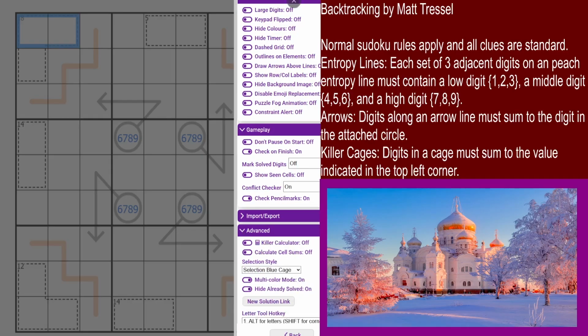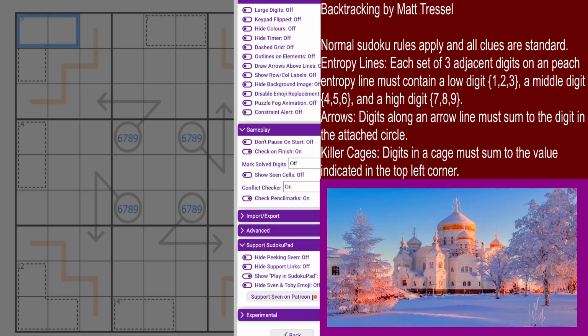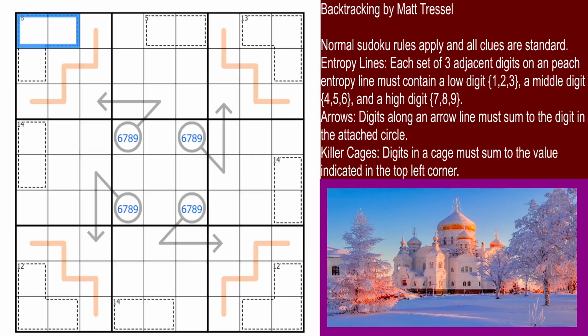Okay, let me show that. Can I move this? No, I can't move this. So there is an option of killer calculator in advanced. If you enable that and click on any of the cages, you can see the possible options for this cage. I am not using it for now. If needed, maybe I'll enable that later.